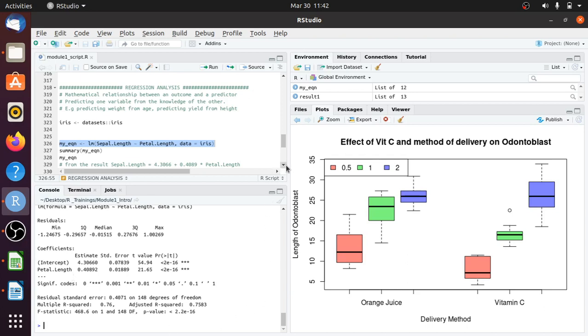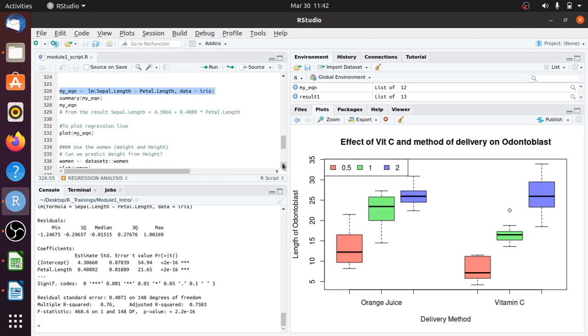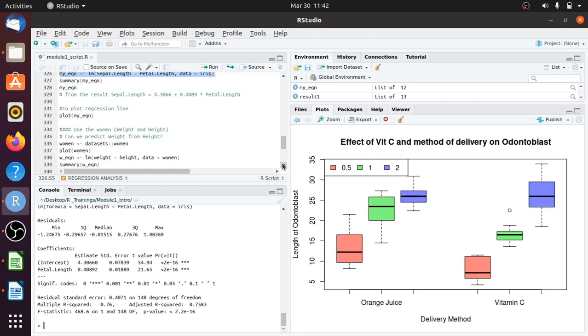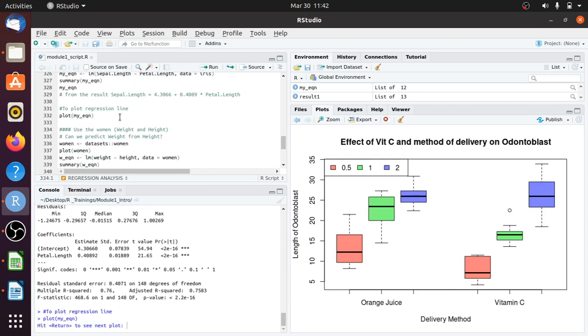So that is the linear model there. If we want to draw the plots, we will be using ggplot2. But here I did something: I said plot my equation, the one I've stored there. It's telling me to hit return to see the next plot.